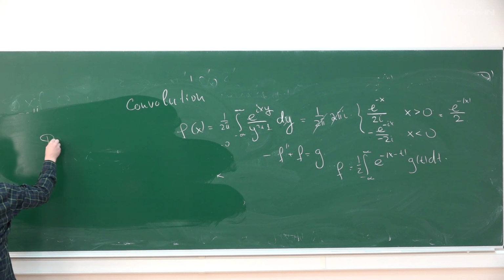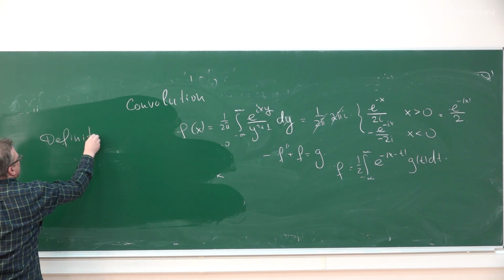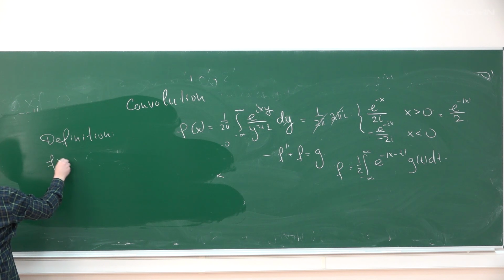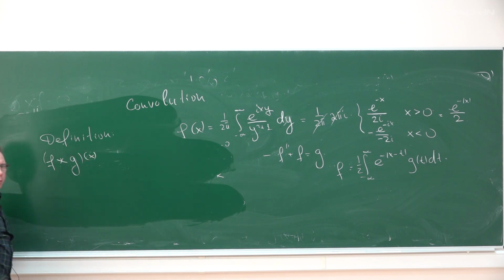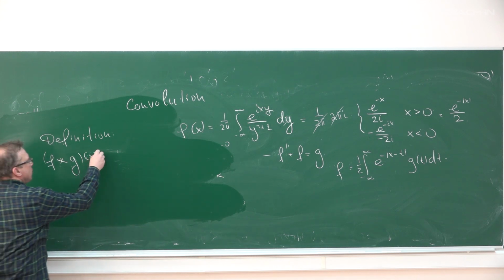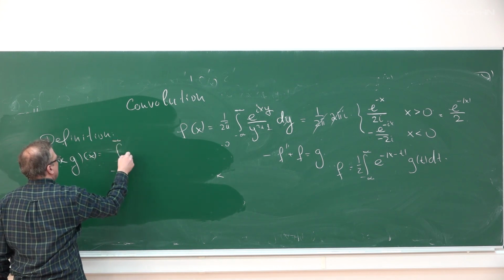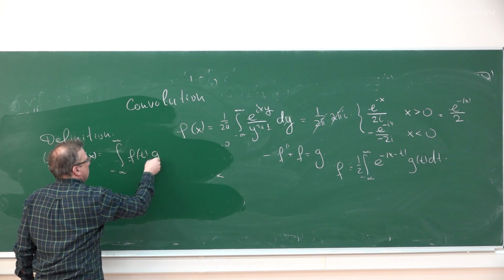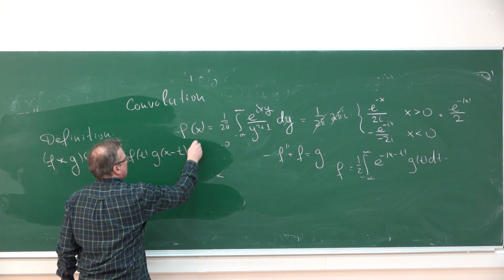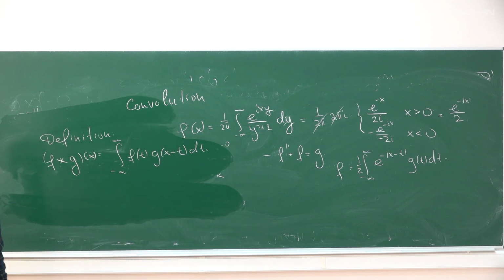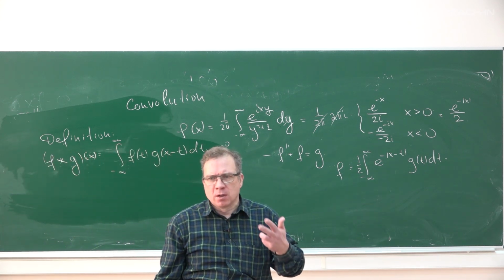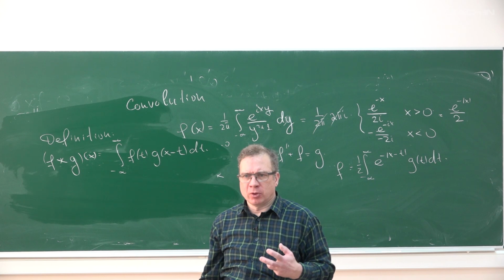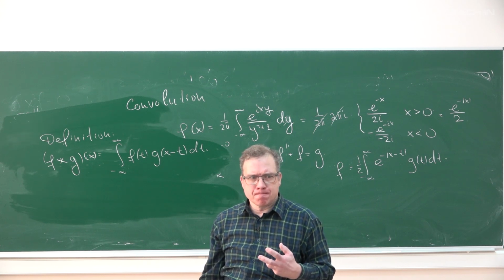Definition. We have two functions. We want to define the convolution at point x. The definition is the integral, this is the convolution of two functions. For what functions can you easily define or prove the existence of convolutions?